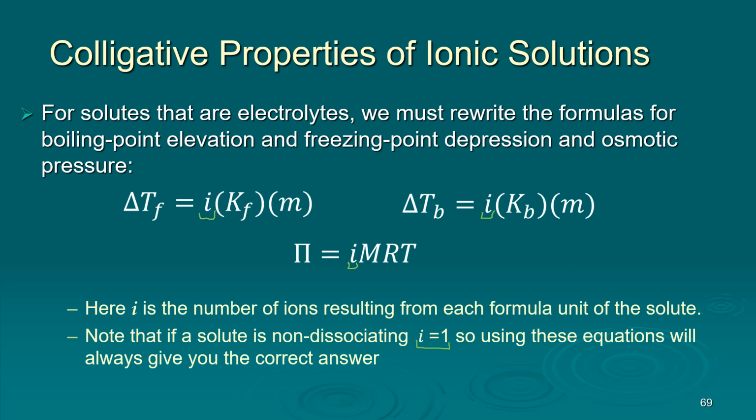If you put it in water and the number of particles stays the same, that's why all the problems we've done so far have worked: i equals 1, non-dissociating. Sometimes if they don't tell you what it is but they say non-dissociating, you can know that little i equals 1.